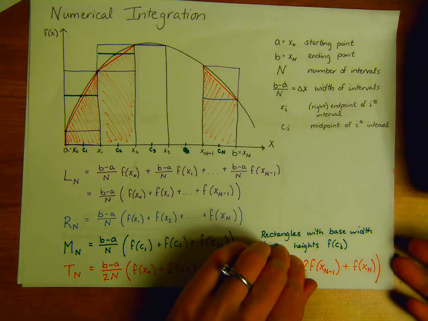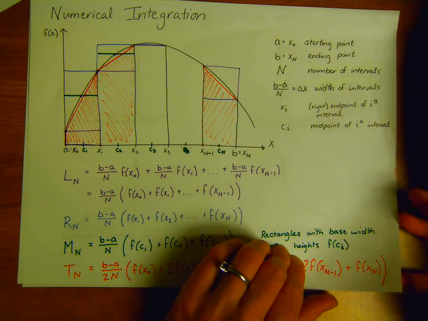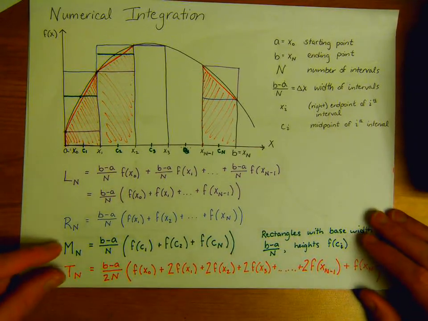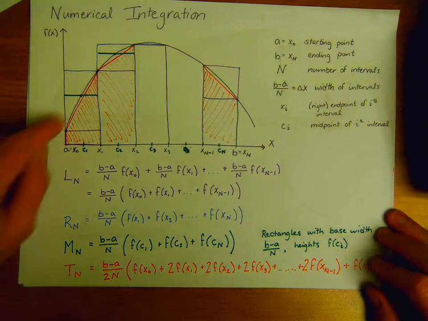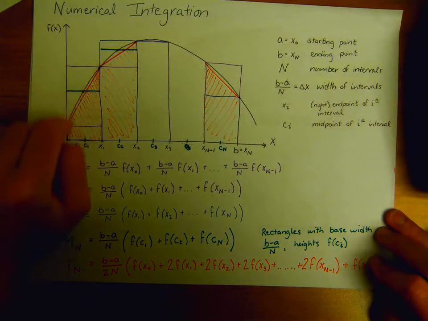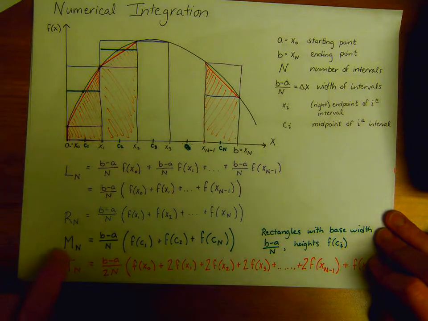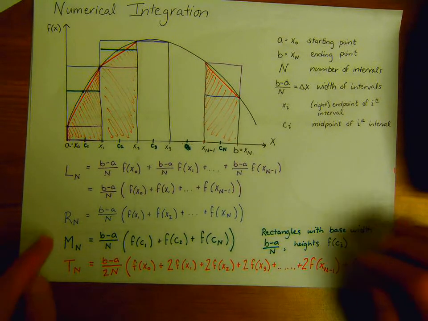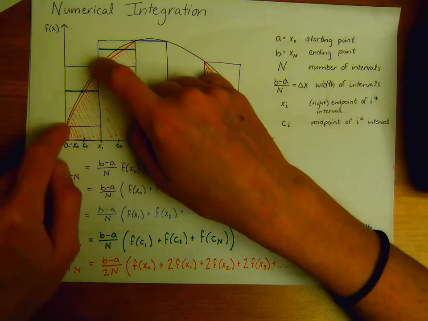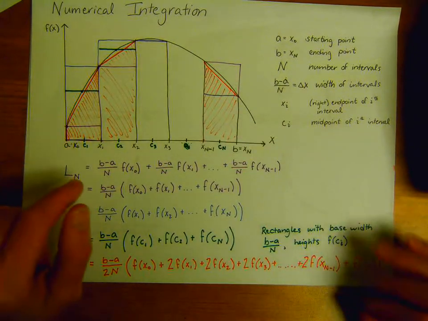So let's look at what this means. One thing that you might ask is, are these values going to be the same? Like, visually looking at this, how clear is it that my trapezoid area is going to be different than my midpoint area? You can see that the shapes are different, but you might estimate that they would be similar to one another.